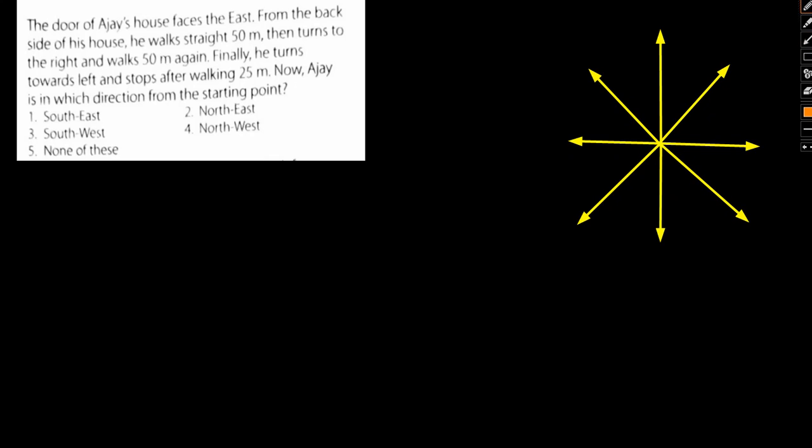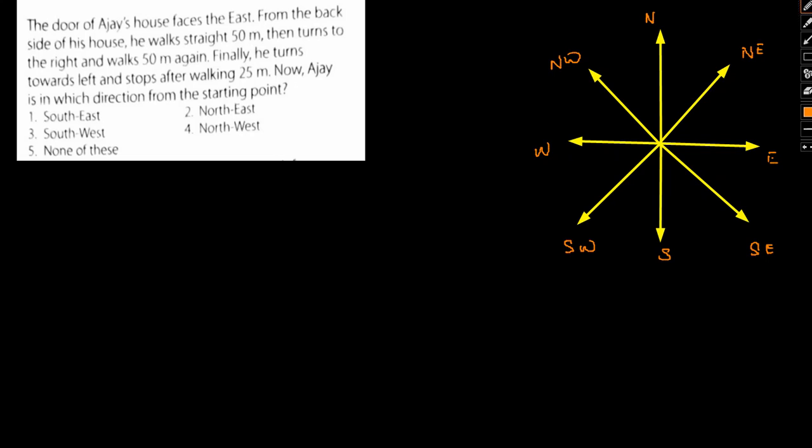Okay, so this is my direction diagram. This is north, south, east, west, northeast, southeast, southwest, and northwest. So we'll basically try and understand with respect to the same.